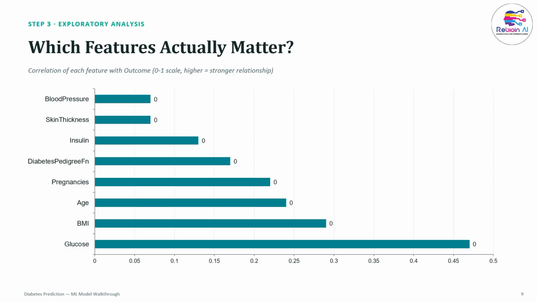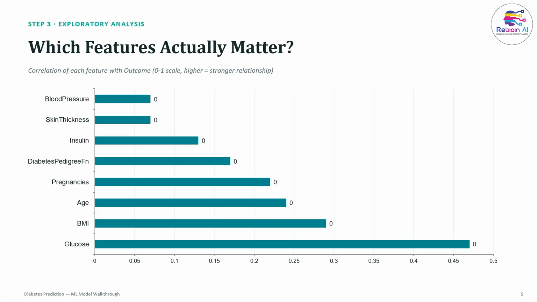BMI and age follow behind it. Yes, you can see BMI and then age. And then comes pregnancies, then diabetes pedigree function, then insulin, then skin thickness, and then the last one, that is blood pressure.